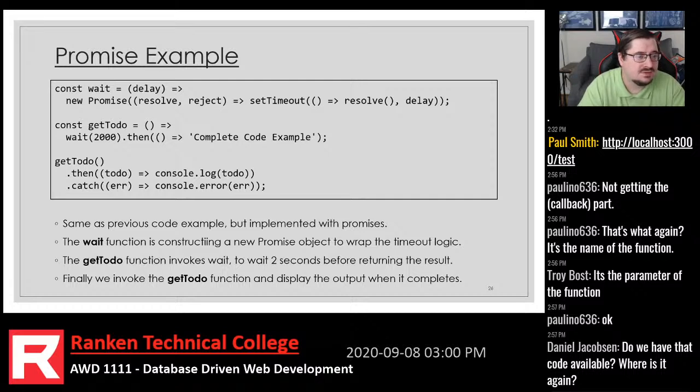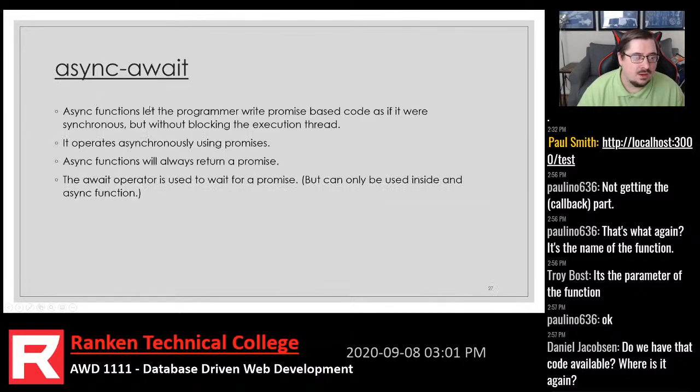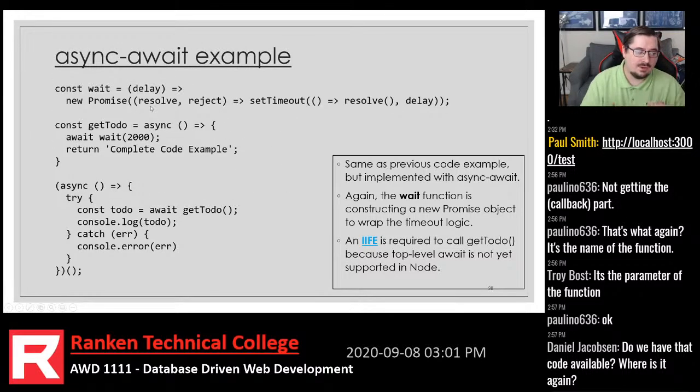So the promise is either resolved with a successful response, or it is rejected and there's a failure. So the promise is, I promise to do this, I'll do it eventually, right? And when I eventually get it done, then I'll let you know, right? So a promise object is kind of a wrapper around callbacks.